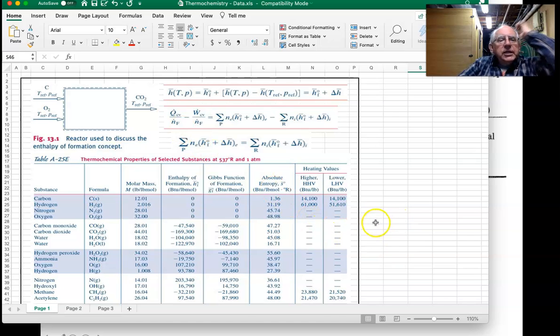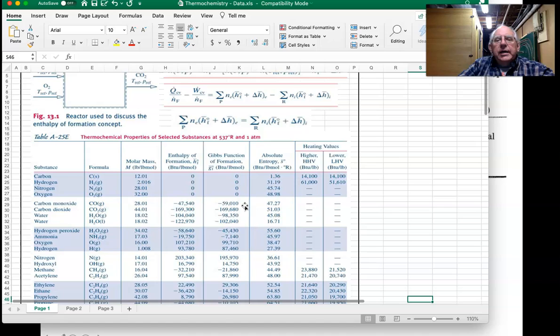And in this particular table, there is a line that corresponds to the heating value.